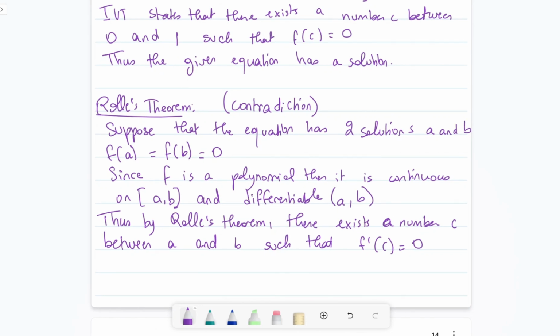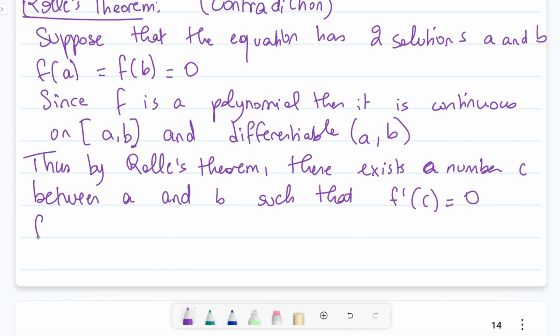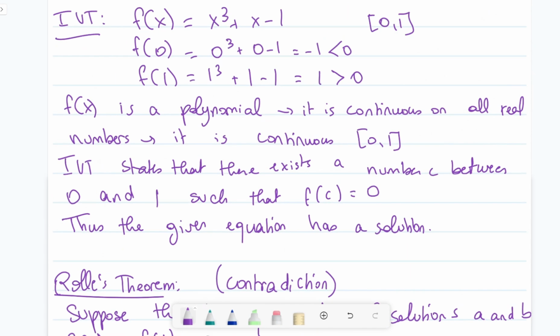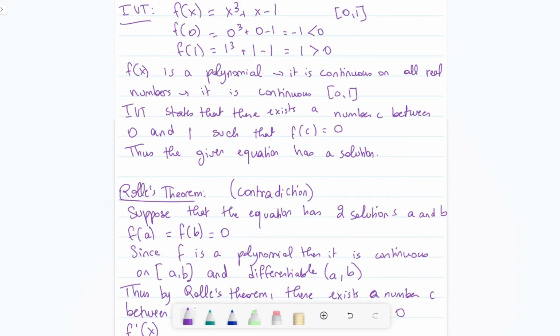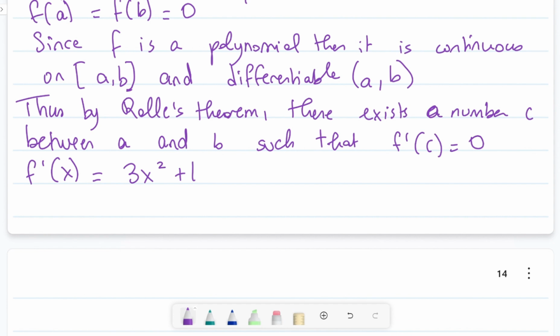Now, what is the derivative of f of x? The derivative of f of x, so f prime of x, our function is x cubed plus x minus 1, so the derivative is 3x squared plus 1. Now, something you might notice is that 3x squared plus 1 is always greater than or equal to 1 because the smallest value we can get for 3x squared is 0.